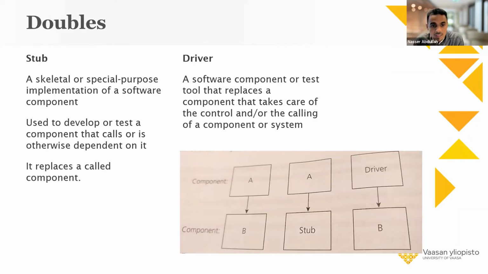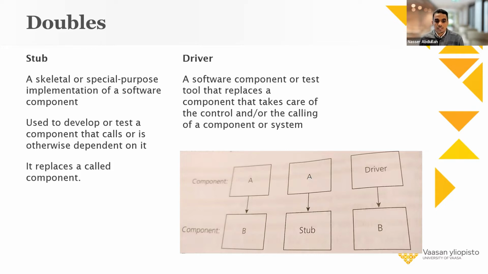Stub and driver are dummy code, used for testing purposes only. For example, if you have to test an application that consists of many components, as you see here, A, B, C, and some components are not ready yet.